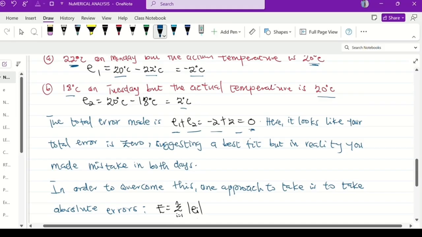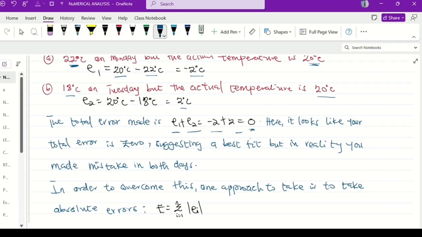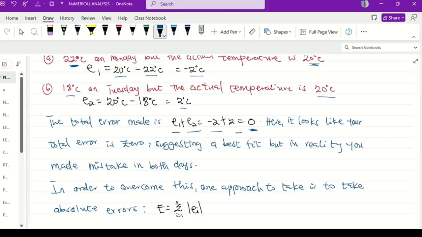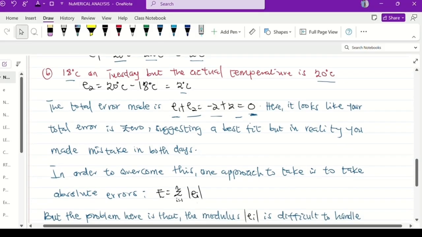So here, it looks like your total error is 0, suggesting a best fit, but in reality, you made a mistake on both days. You get it? The 0 here is telling us that your total error is 0, meaning you didn't make any mistake. But we saw that you made mistakes. So we can't just add errors.